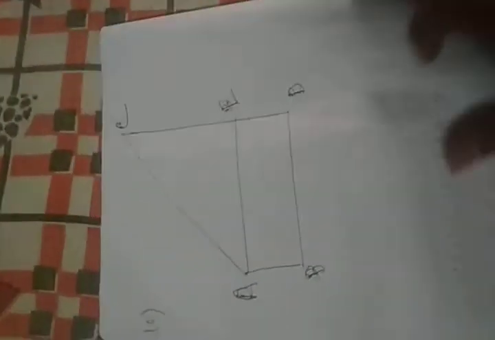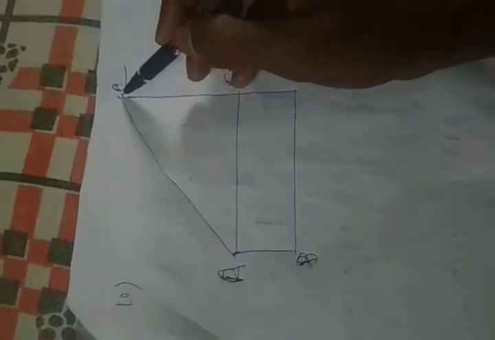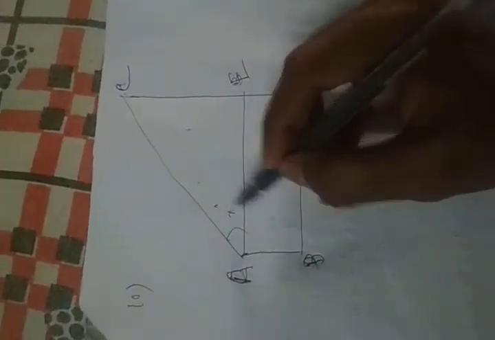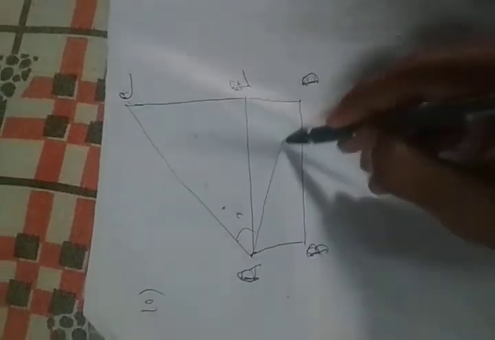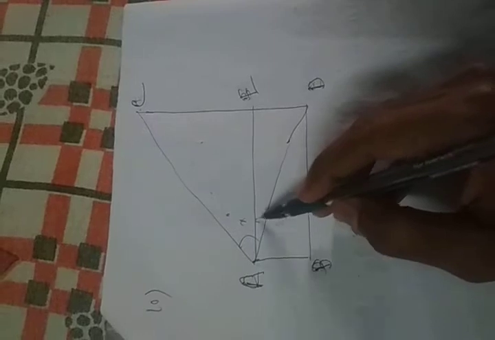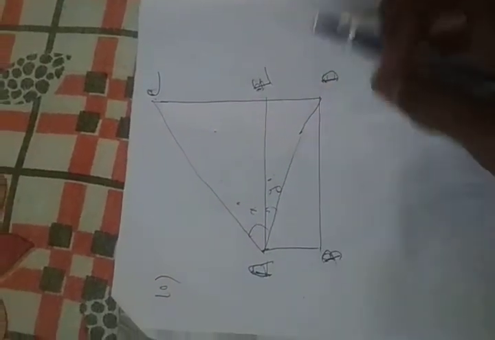Okay, now I am going to solve the next math, math number 10. Here it is said a man is sitting at a window and he is seeing the top of the tower at an angle of x degrees, and he is also seeing the bottom of the tower, the angle of depression being y degrees.